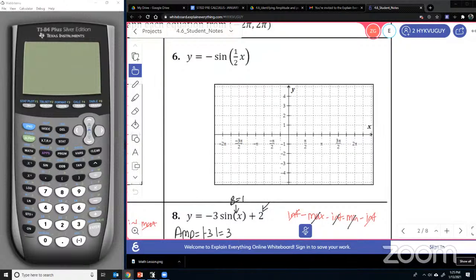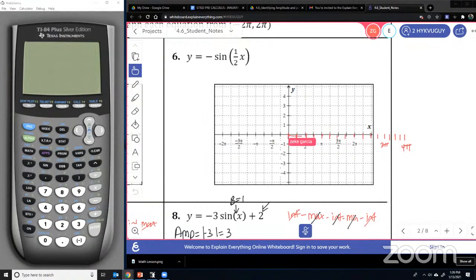This is what I did when I went over this. 1, 2, 3, 4 pi. 1, 2, 3, 4, 2 pi. 1, 2, 3, 4, 3 pi. 1, 2, 3, 4, 4 pi. Trust me, you have to do that. So I broke it up into fourths.